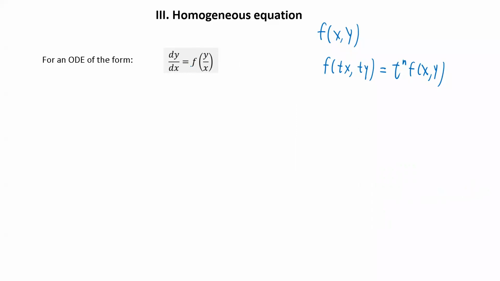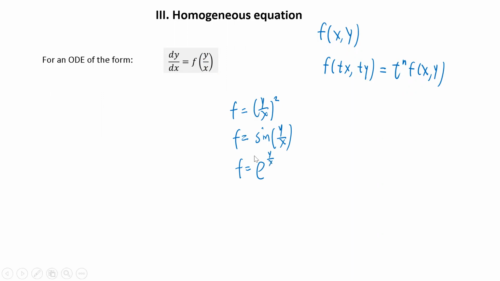If I have a function that can be written as a function of y divided by x, it means that this function depends on both x and y, but the terms always come with this ratio. For example, f equals (y divided by x) squared, or f equals sine of y divided by x, or f equals e to the y divided by x.